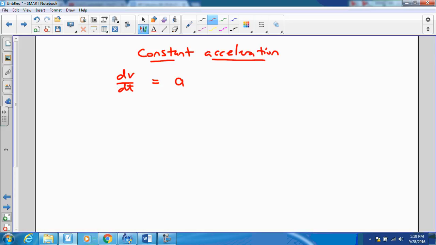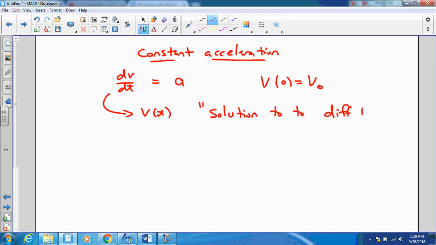And so this is a differential equation, one of the easiest kind, in which our derivative of velocity is constant, and our initial condition is that our velocity at time 0 will be v0. And our goal now is to take this information and come up with an equation for velocity as a function of time t. We call this the solution to the differential equation. So notice that the solution to the differential equation is a function.